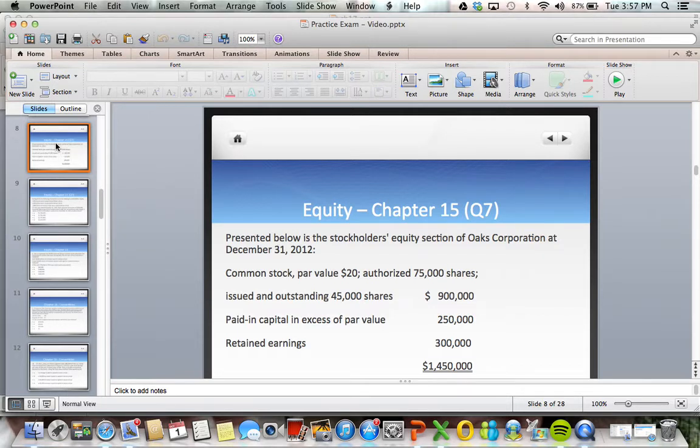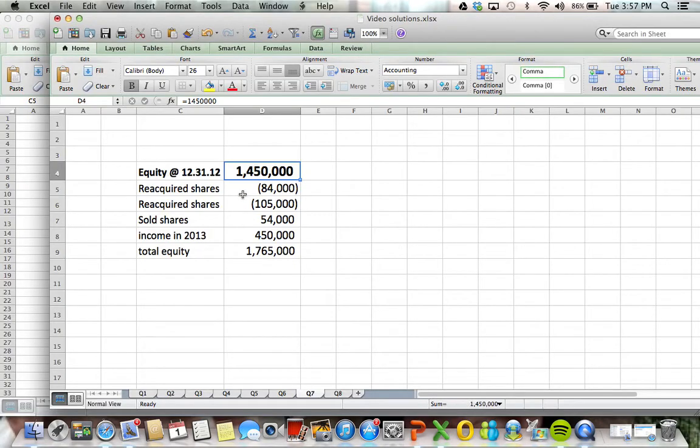And this is just whatever is out there in excess of your par. Now keep in mind, retained earnings also go into this computation, because retained earnings is accumulated income from all the years up until 2012. So these are also in your equity. So that's why I'm starting with 1,450,000. It's my total equity.